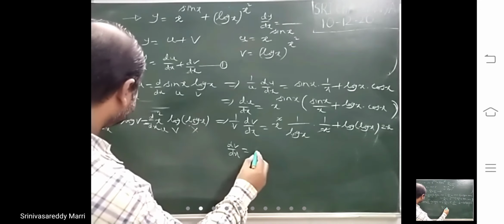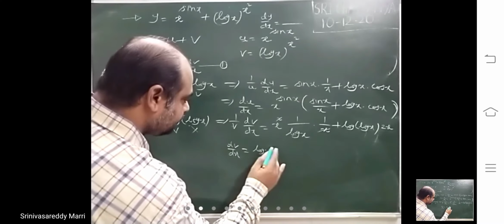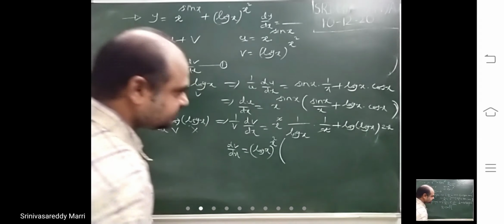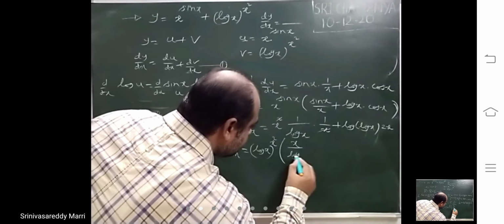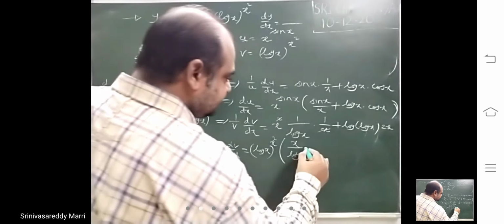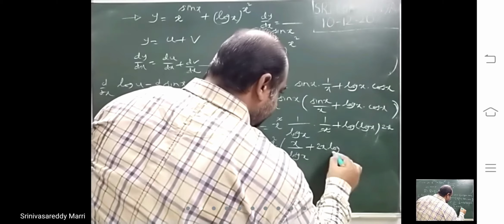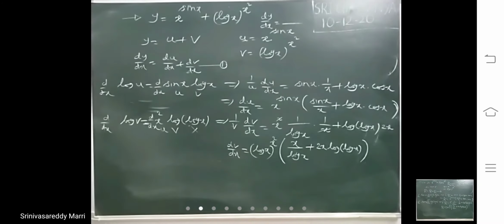So dv by dx is nothing but v into, where v is nothing but (log x) to the power x square, into x square into x by log x plus 2x into log of log x.